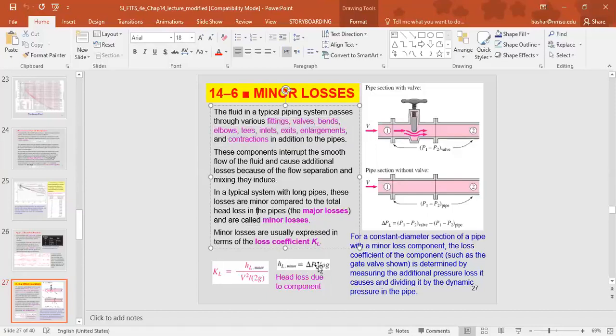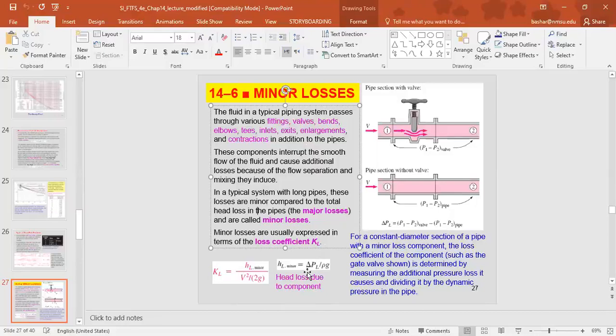The minor loss is given through this equation. The minor loss equals a new parameter we will talk about in the next few slides. It's called the loss coefficient times the average velocity squared divided by 2g. That gives us the minor head loss. The minor head loss is also related to the minor pressure loss.